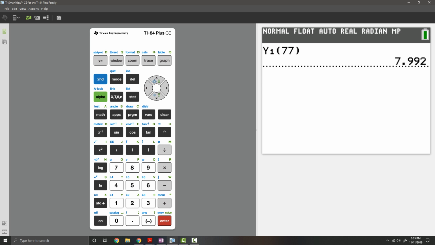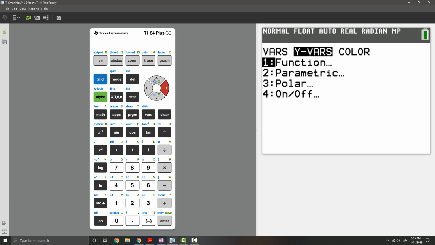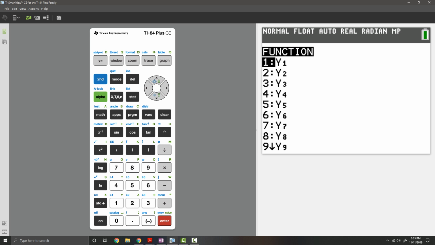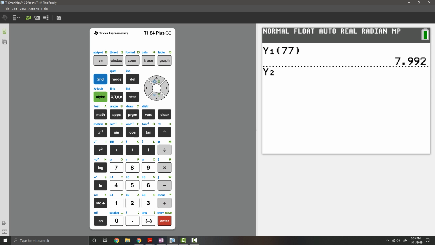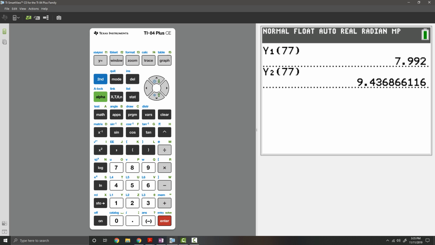And then if I repeat the steps, go to variables and y variables and then hit function, we want to go down to y2. I want to plug 77 into y2 as well, which is the exponential regression. I get roughly 9.436866, right?